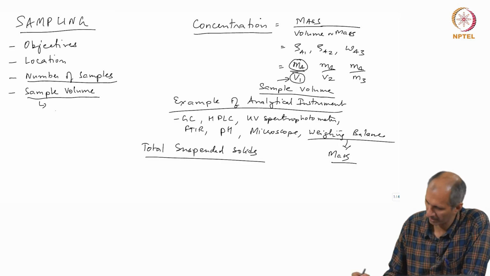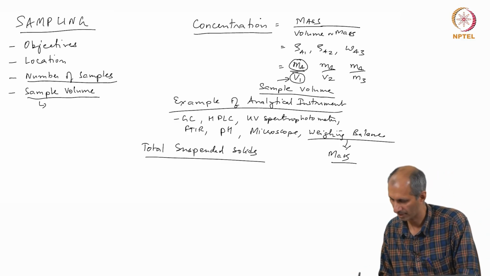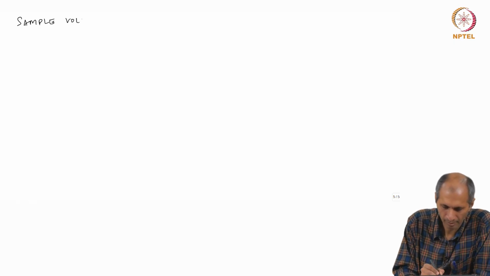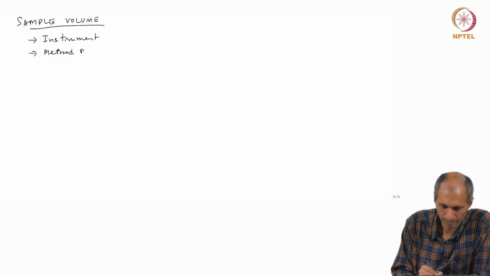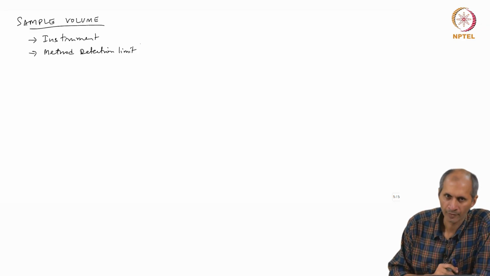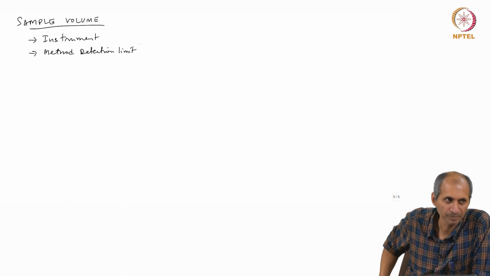The sample volume, so we will go to a new page. The factors determining: you have to choose the instrument, you have to select the instrument. Then you select the sample volume.